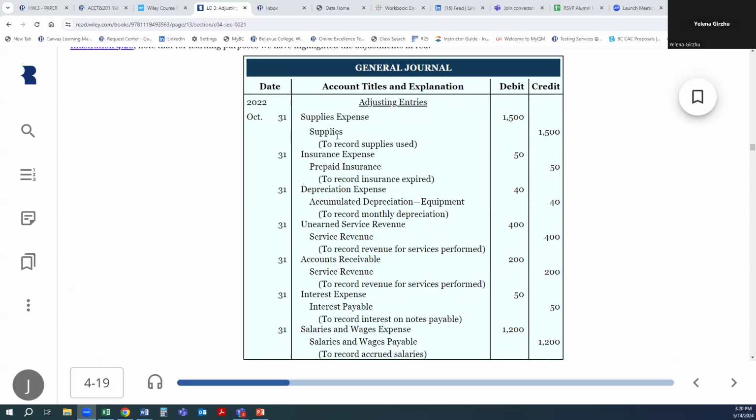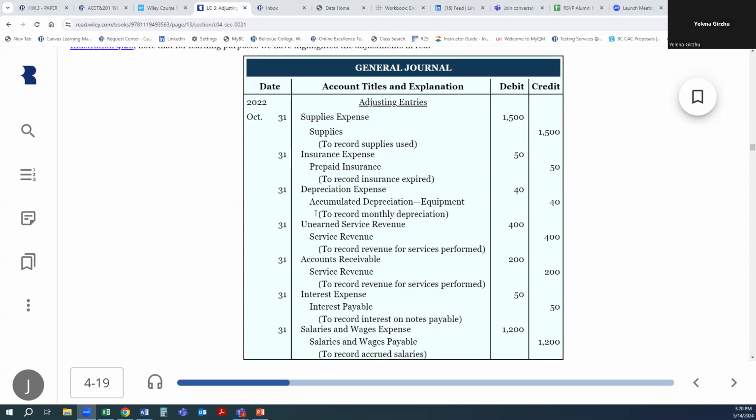Great. And on that first journal entry, did we increase net income or did we decrease net income? It decreased, because the expenses went up. Correct. Second journal entry, same thing, expenses went up, and that's an income statement account and a balance sheet account.